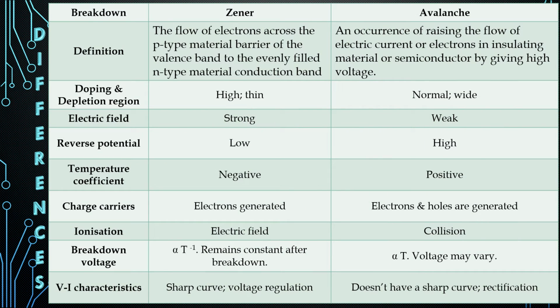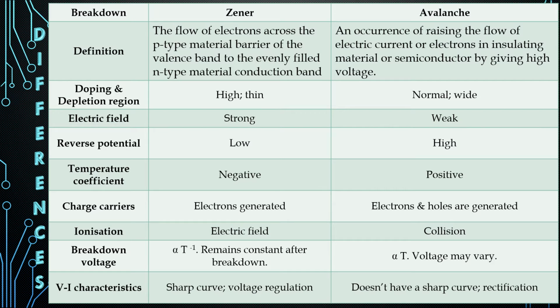Let us look at some of the differences between the Zener and the avalanche breakdowns. First, the definition. The flow of electrons across a p material barrier of the valence band to the evenly filled n-type material conduction band is the Zener breakdown, whereas an avalanche breakdown is the occurrence of raising the flow of electric current or electrons in insulating material or semiconductor by giving a high voltage.